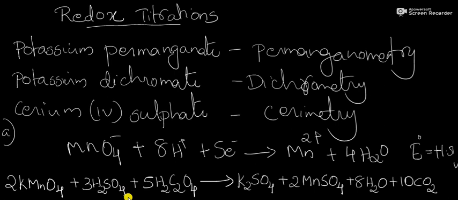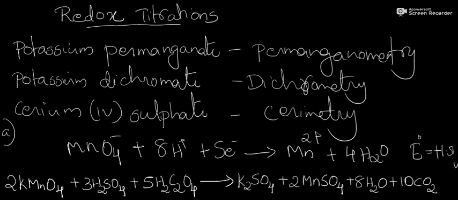Why? Concentrated sulfuric acid and nitric acid themselves act as oxidizing agents that will interfere with the reaction of permanganate with the oxalic acid, that is our reductant. So, here we only use dilute sulfuric acid for acidifying the solution.